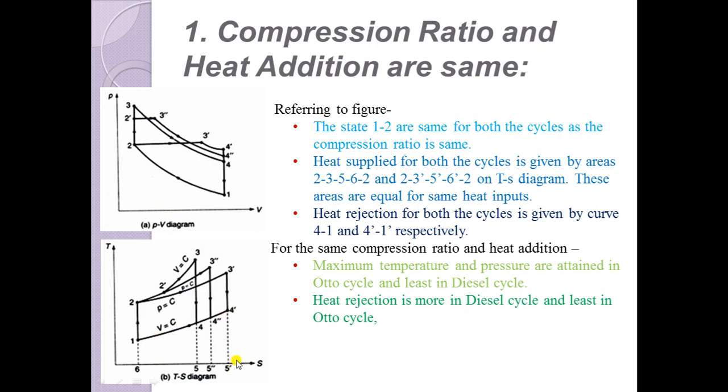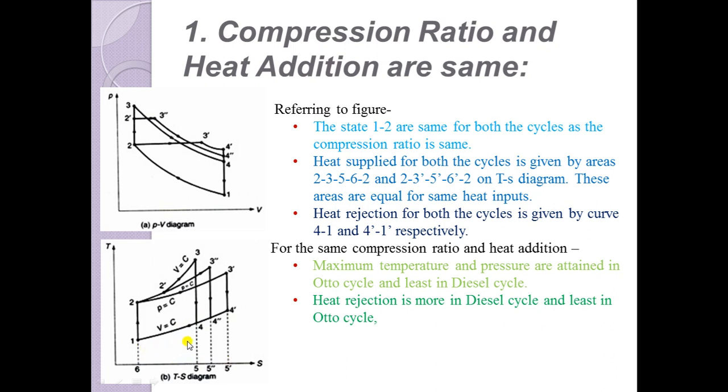If you measure the area for heat rejection, 1, 4, 5, 6 represents the amount of heat rejected for Otto cycle. 1, 4 dash, 5 dash and 6 represents the amount of heat rejected for diesel cycle, and the dual cycle lies between Otto cycle and the diesel cycle.